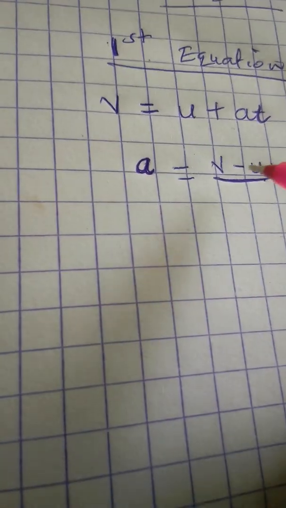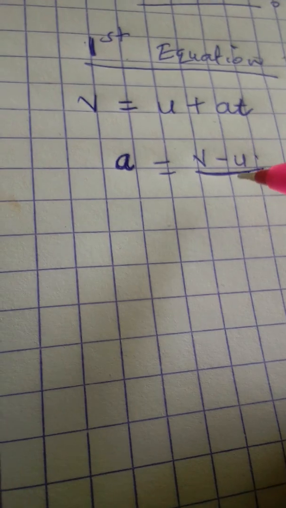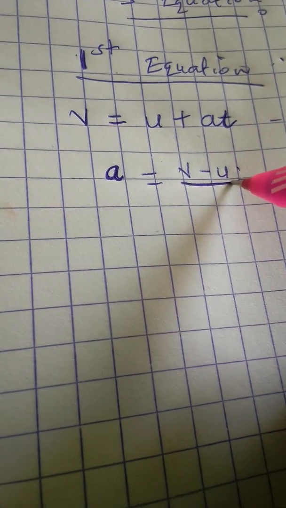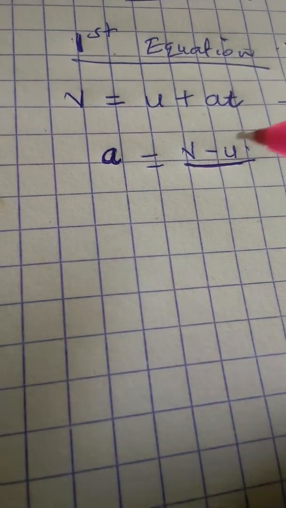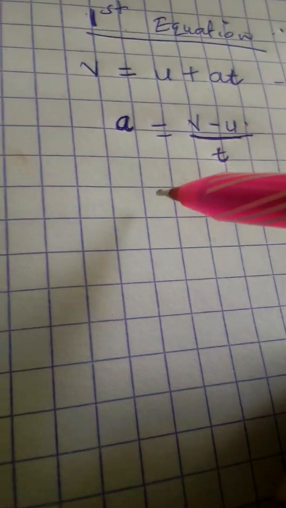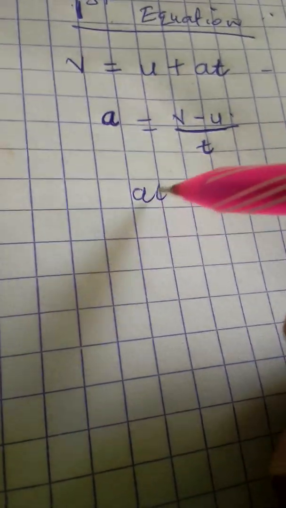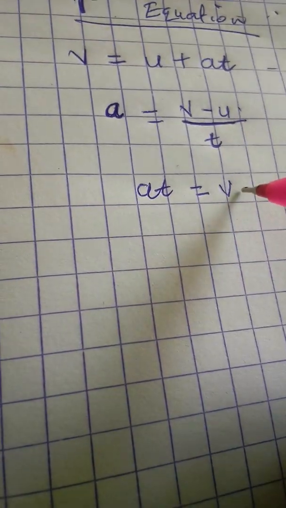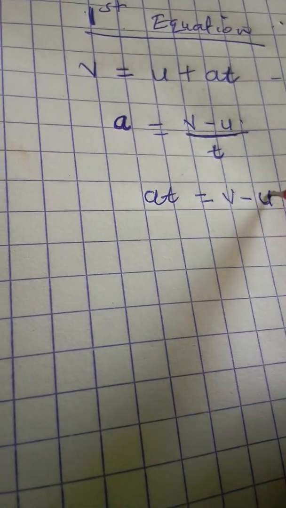And what is acceleration? Acceleration is the change of velocity, which is the subtraction of final and initial velocity, the ratio of change in velocity to the time. When we multiply this, we get that at is equal to v minus u.